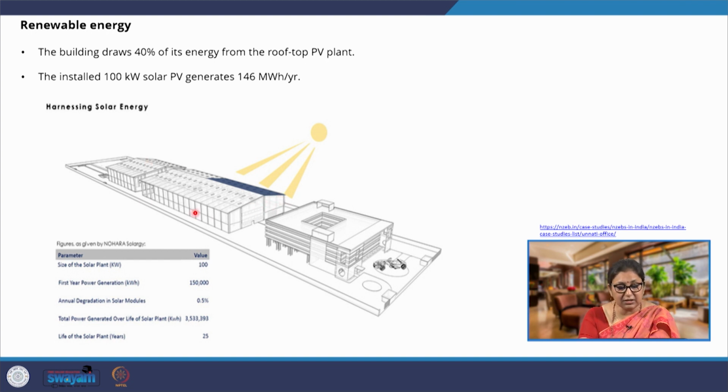The entire industrial unit has been fitted with the PV cells, photovoltaic cells, and it generates around 146 megawatt hours per year. This is sufficient enough to power this building. And one more strategy which we have not discussed is that this entire roof is a green roof, thereby further reducing the requirement of energy because the heat ingress has been reduced.